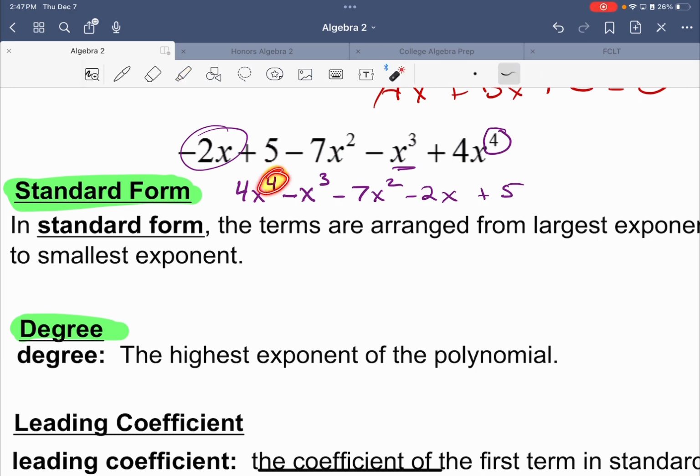So we just say it's a 4th degree. For now, we'll give it a name in a minute. It doesn't need to be written in standard form to find the degree, but it helps.